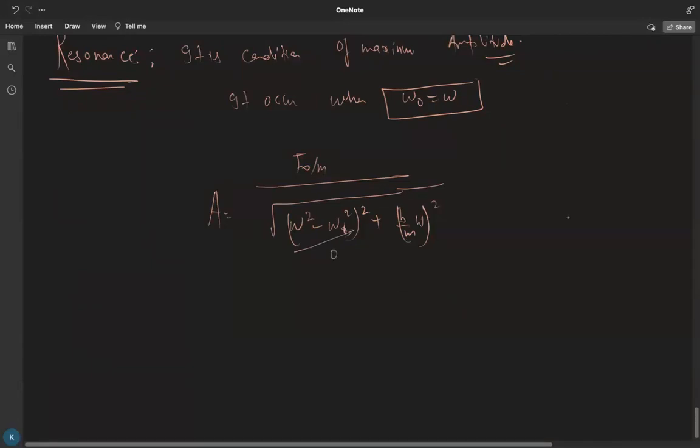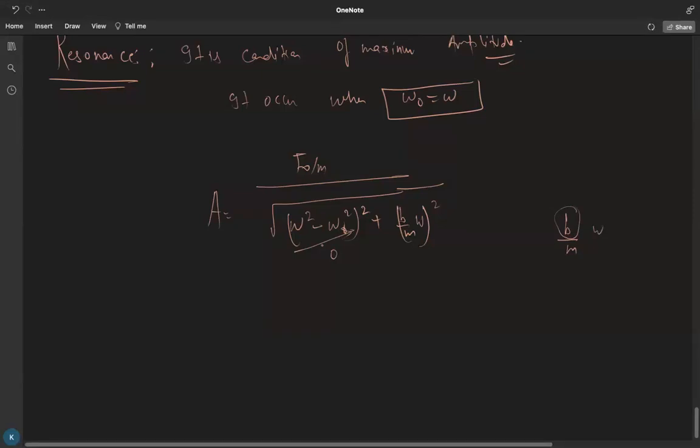Because we have b by m into omega, and b is the damping constant, so it is very small in value. If you solve the problem, you realize that b has a very small value.